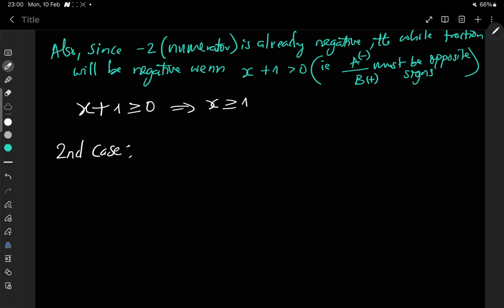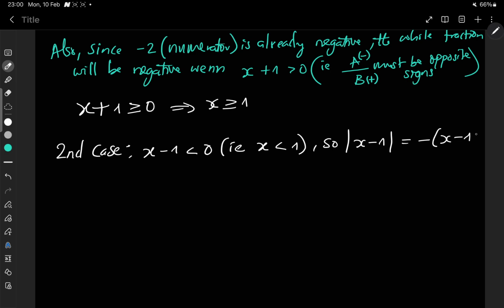Then in our second case, in case 2, x minus 1 is less than 0. That means x is less than 1. So therefore, the absolute value of x minus 1 will be equal to minus x minus 1.